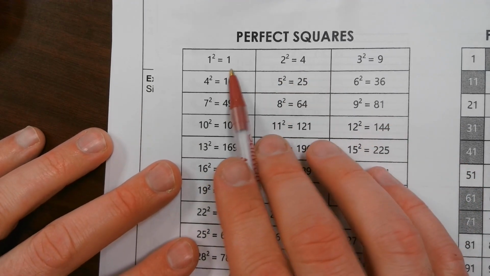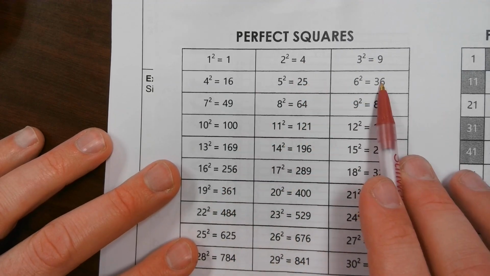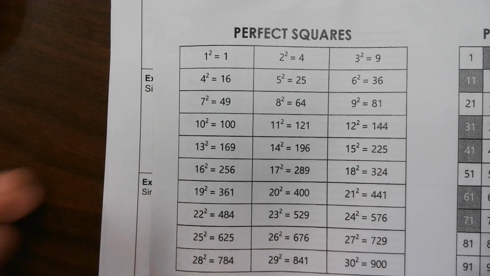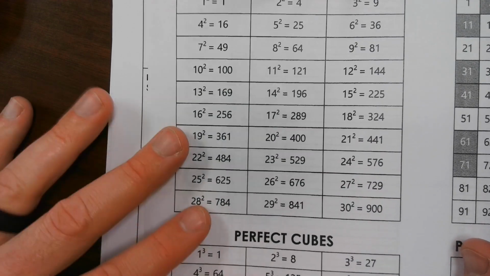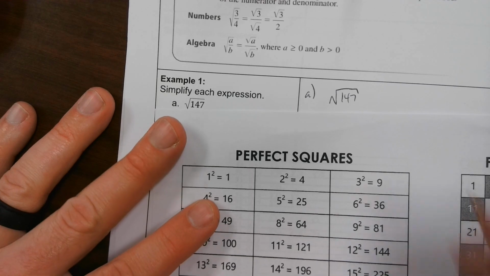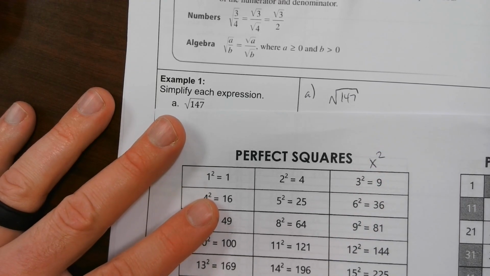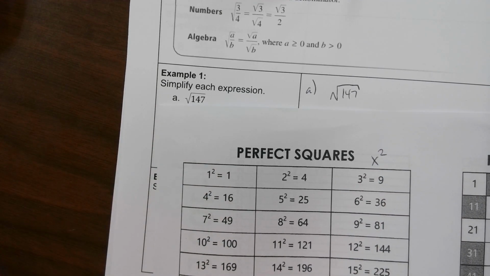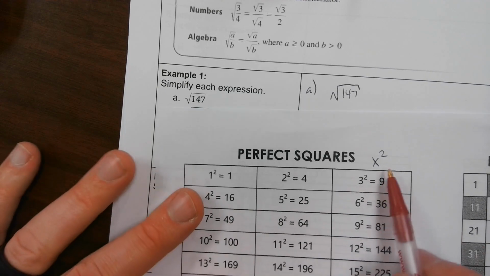So 4, 9, 16, 25, 36, these are all the perfect squares that I'm going to use in order to do these. Also, we're going to add one more in here, x squared. So x squared, or a squared, or n squared, or any variable squared is also a perfect square.